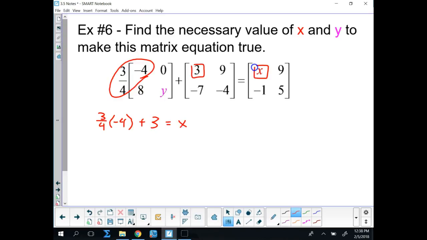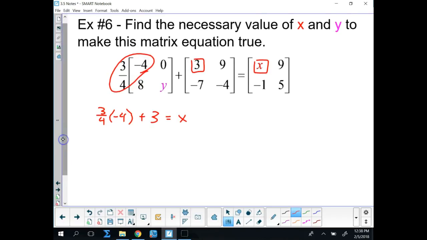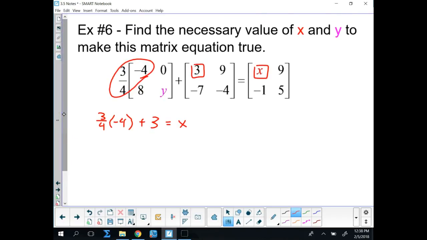So 3/4 times -4 is -3. -3 plus 3 is going to be x. So x is 0.